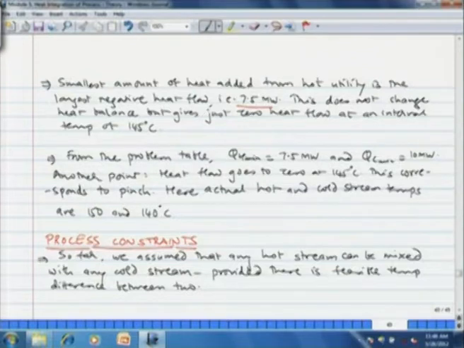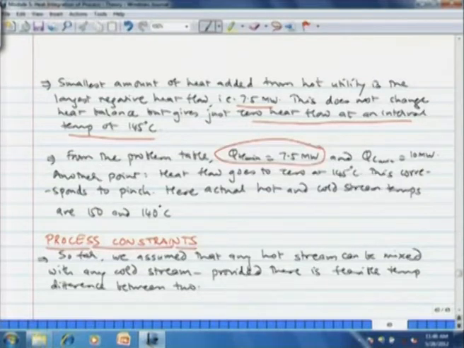This does not change the heat balance but gives just 0 heat flow at the interval temperature of 145 degrees. And then finally we arrive at the answer that we are looking for. From the problem table algorithm we have found the minimum hot utility as 7.5 megawatt and minimum cold utility as 10 megawatt.